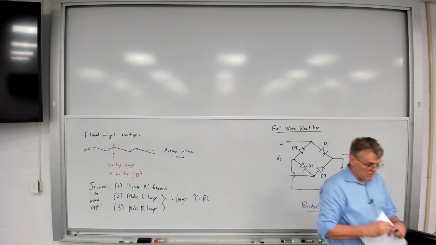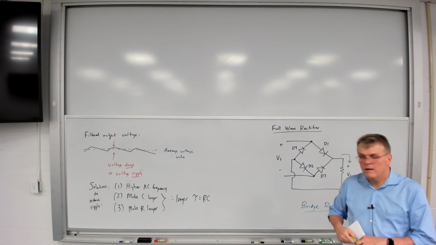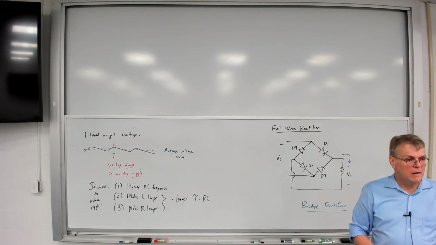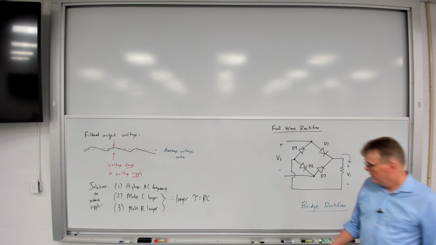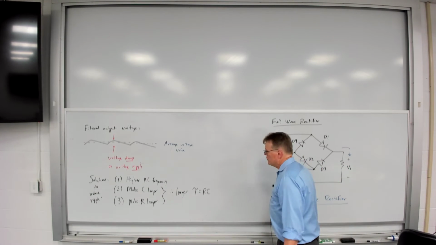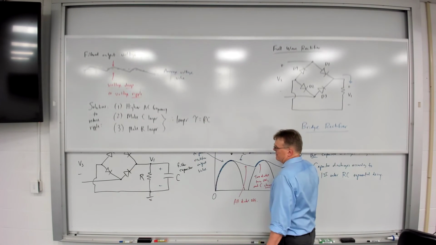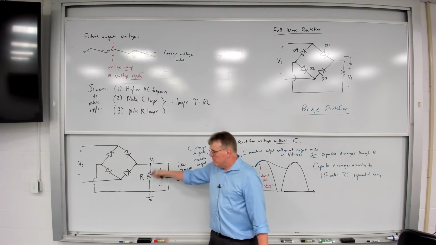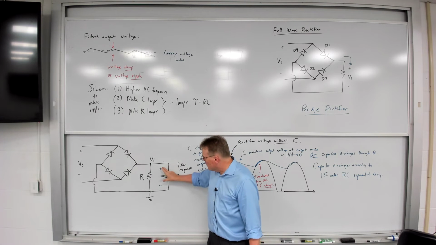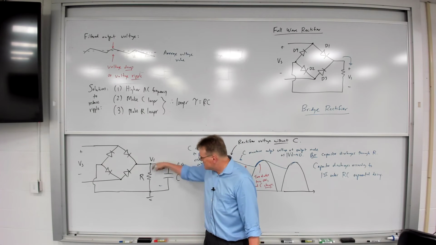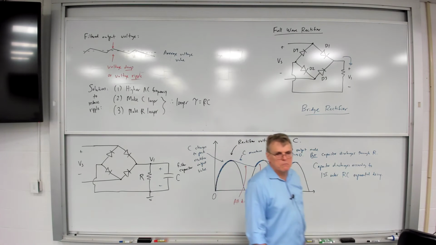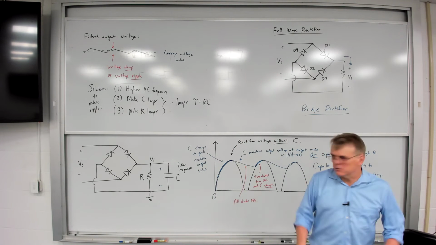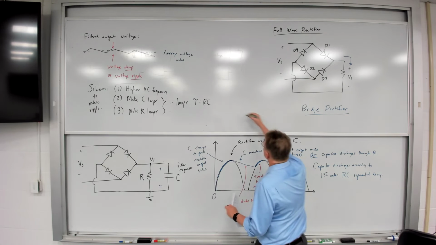I guess physically, what's happening when you make the capacitor bigger? Yeah, the capacitor is now storing more energy. So since it's got more energy, the voltage is going to decrease more slowly as current flows through that resistor. So tau is equal to RC. Remember, from 2112, we talked about this.